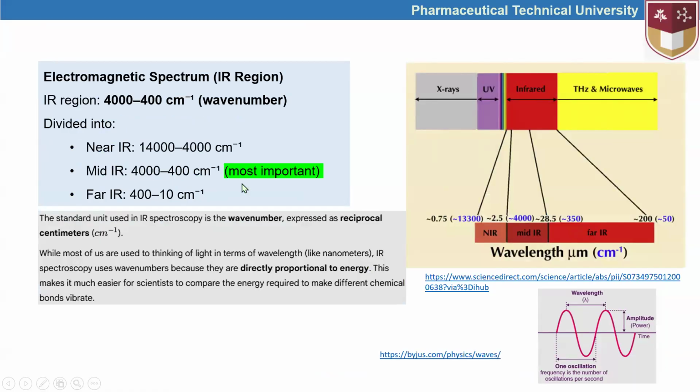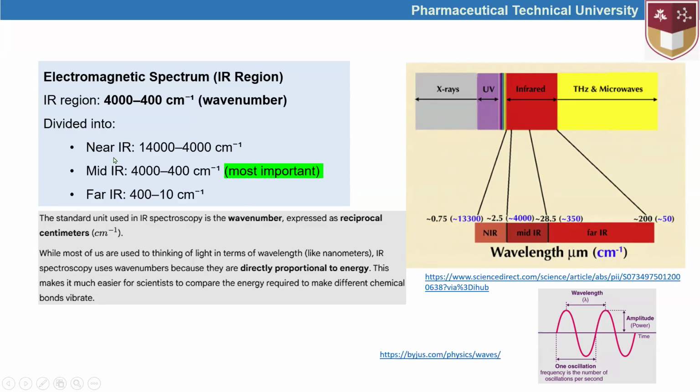And this is about the unit, 4,000 to 400 reciprocal centimeter. The infrared spectrum is divided into near infrared, mid infrared, and far infrared ranges.